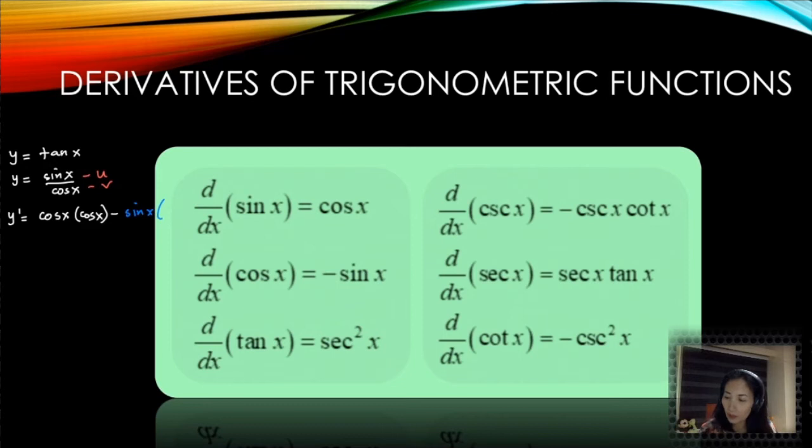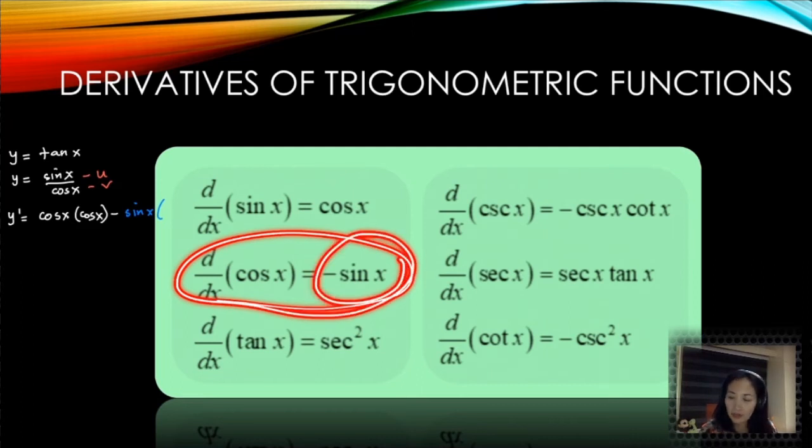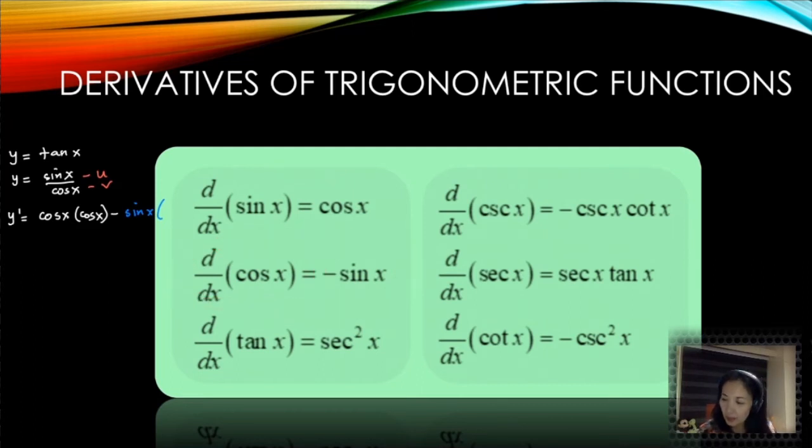Derivative of cosine is negative sine x. So times negative sine of x, all over the square of the denominator, cosine squared x.